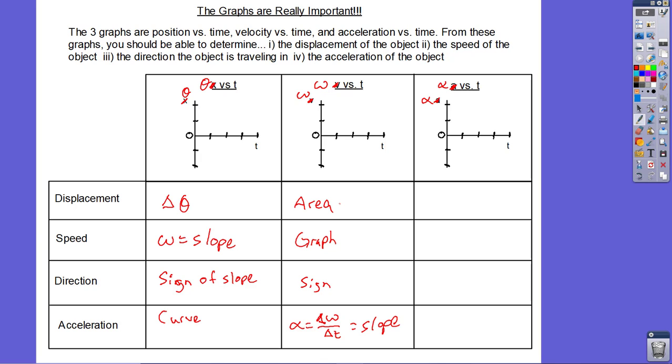Okay, and then for the angular acceleration graph, again, we don't talk about displacement. We can get the change in speed, the change in the angular velocity, which is equal to the area. And then the acceleration we're going to get from the graph. Okay. And the direction, we're not going to be able to really get the direction the object is moving in, but that's not typically something they ask anyway.